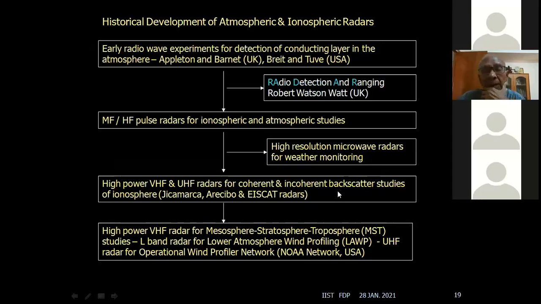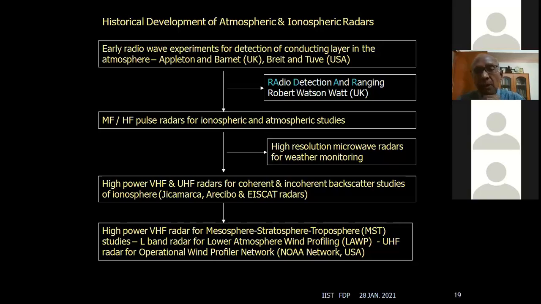Then came what is called the incoherent and coherent backscatter radars. First they came for the ionospheric studies, and the first radar was built in Jicamarca. Of course, first the incoherent scatter, I have to tell, this is the scatter from free electrons in the ionosphere.